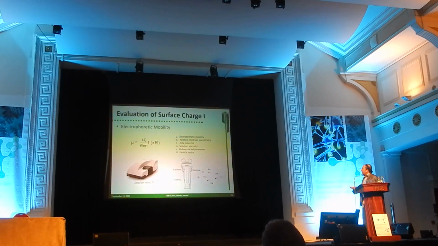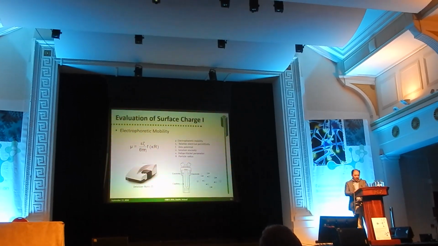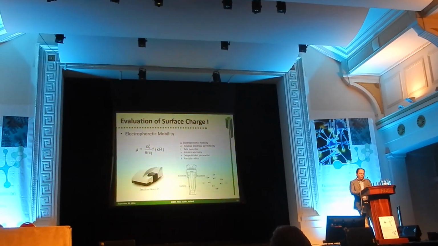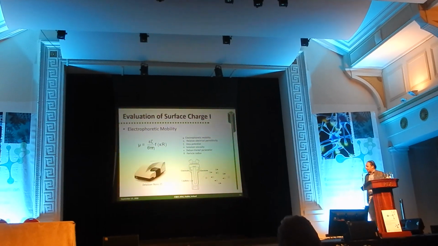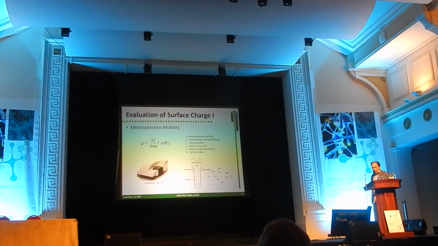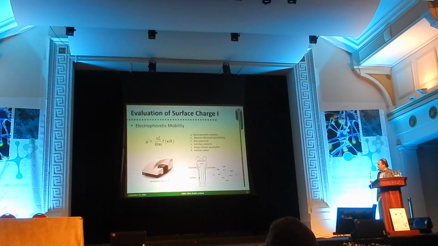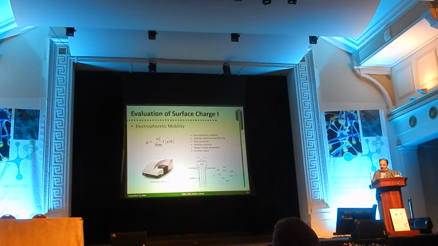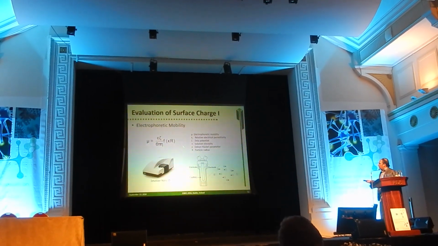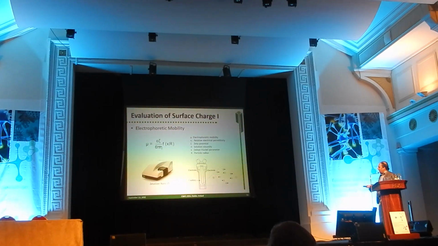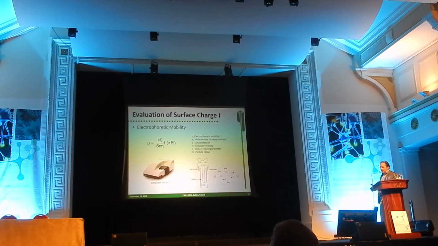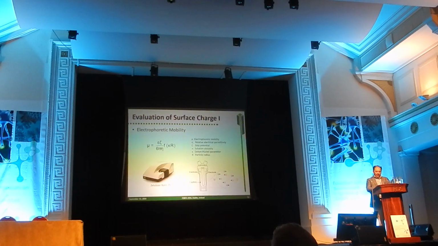Okay. In order to assess charge, the normal way to go is to use a zetasizer or a microelectrophoretic device, because the charge of the particle is correlated with the electrophoretic mobility, in this case inside this commercial cell, right?